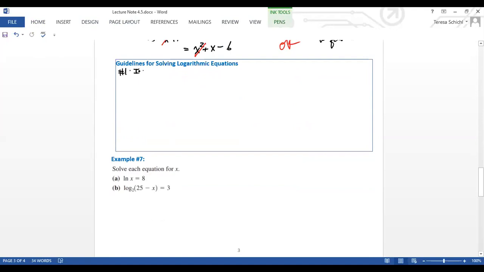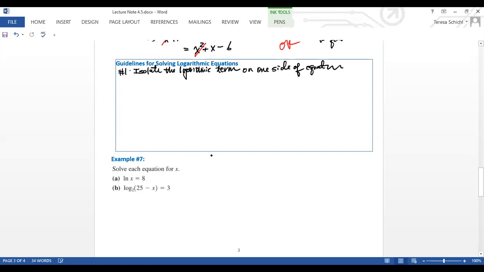Isolate, just like we do with exponentials. Isolate the logarithmic term on one side of the equation.